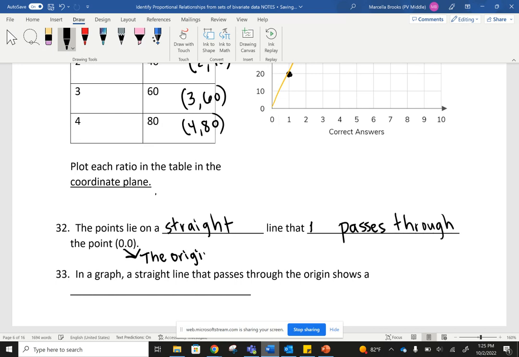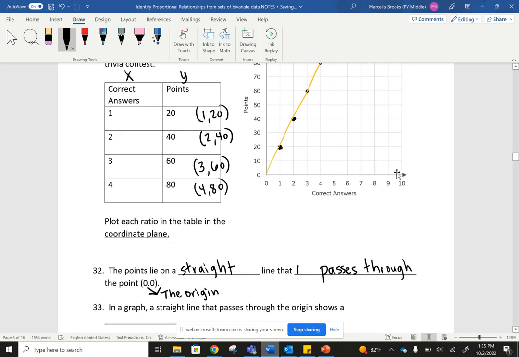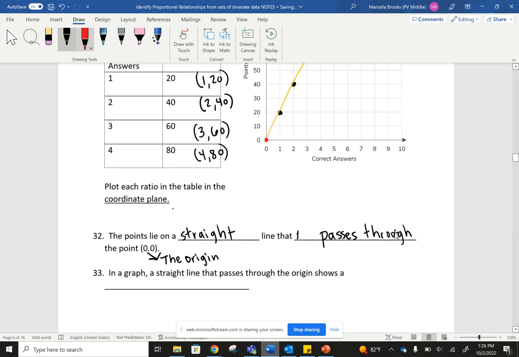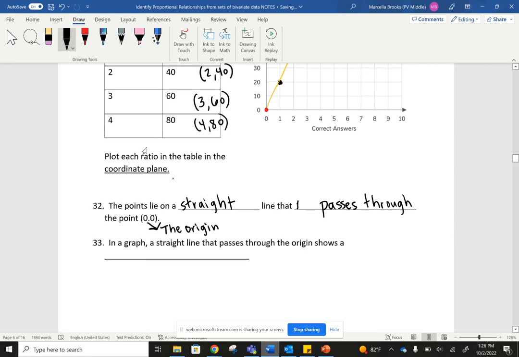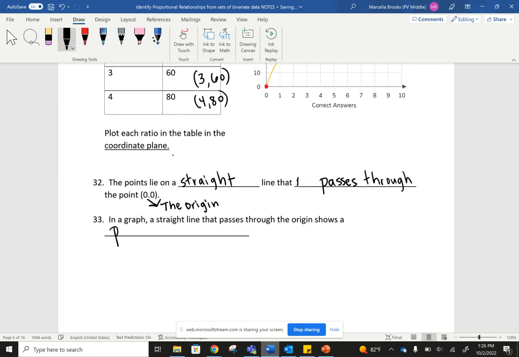Such an epic name. So the origin is 0, 0. So if we look over here, yeah, it looks like this line does pass through 0, 0, which is right there. In a graph, a straight line that passes through the origin shows a proportional relationship.